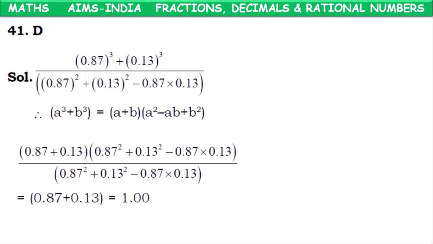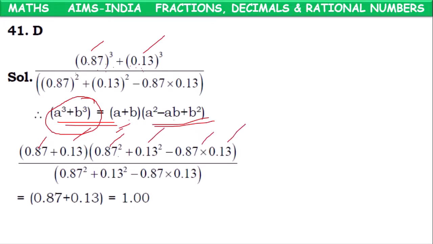So the numerator part is in the form of a cube plus b cube, which can be written according to the formula a plus b into a square minus ab plus b square. So a plus b, 0.87 plus 0.13, into a square plus b square minus ab, by the denominator, which is the same as it is.